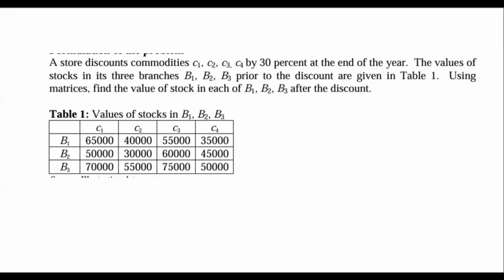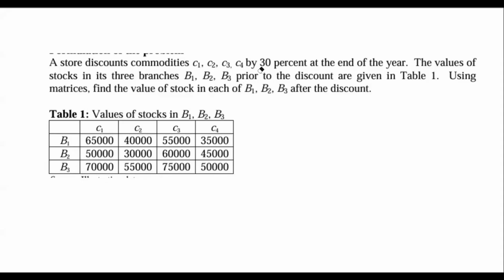So what did it say? A store discounts 30% by the end of the year. So you want to know, what's the price after the discount? So you have to multiply all these numbers by what?